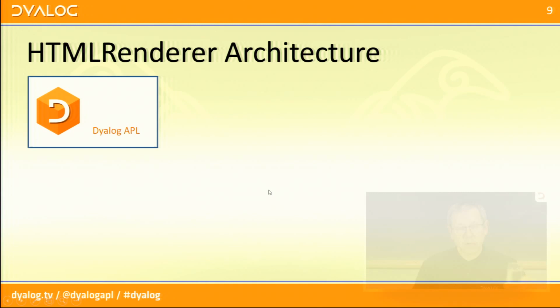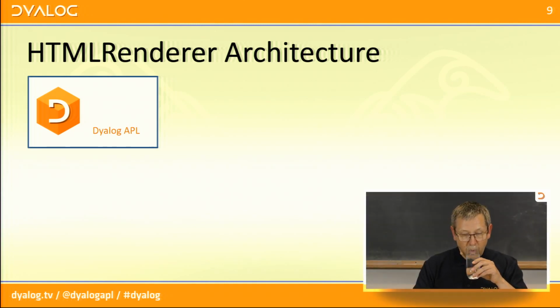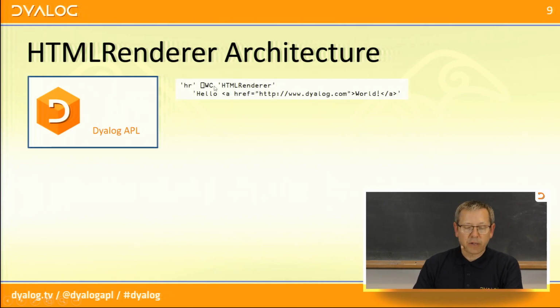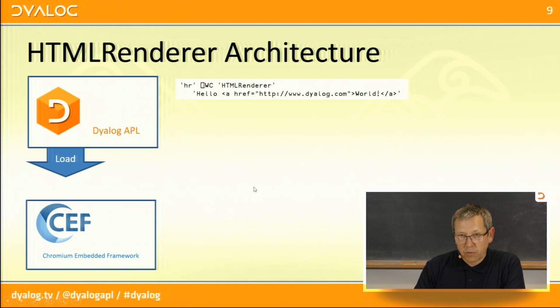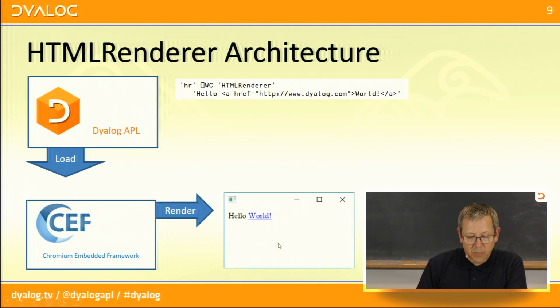So for those who actually want to understand a bit more about how this works, if you have Dyalog APL and you execute this QuadWC HTML renderer and give it some HTML, what happens is it loads something called the Chromium Embedded Framework, which is the same engine that's at the center of Google Chrome, and passes the HTML to that. It renders it.